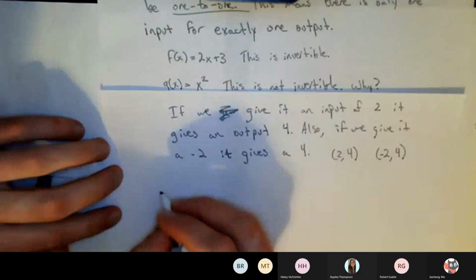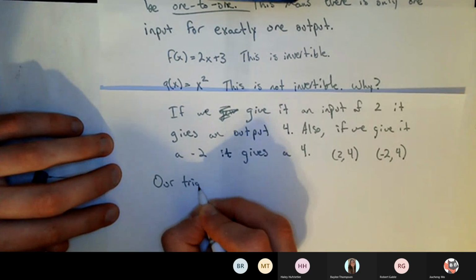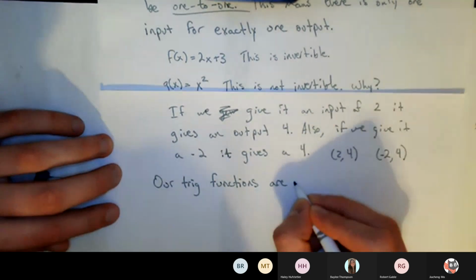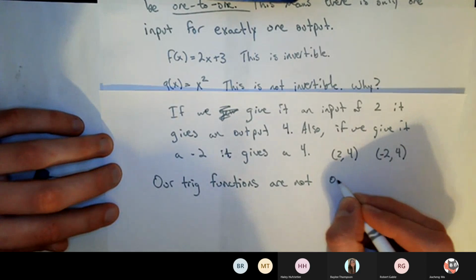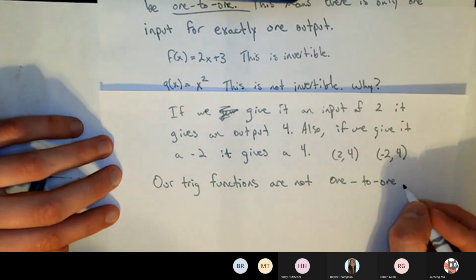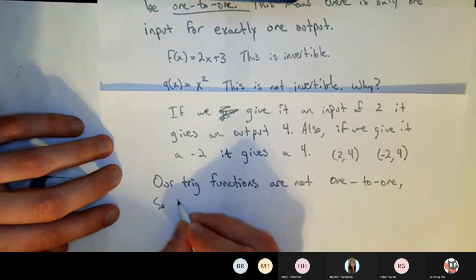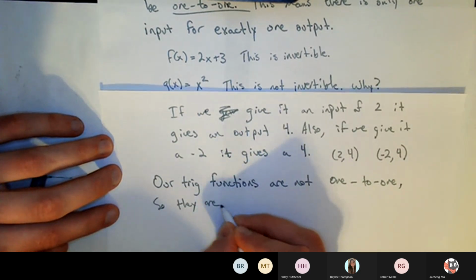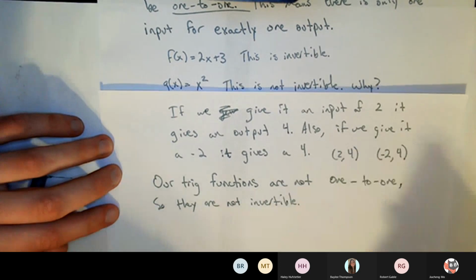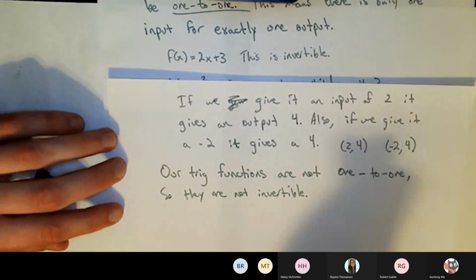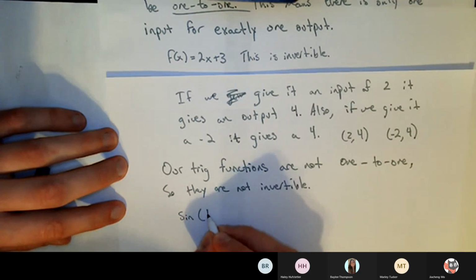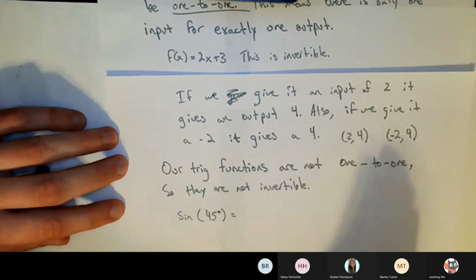Our trig functions are not 1-to-1 as we understand them, so they are not invertible. Example of that, sine of 45 degrees.